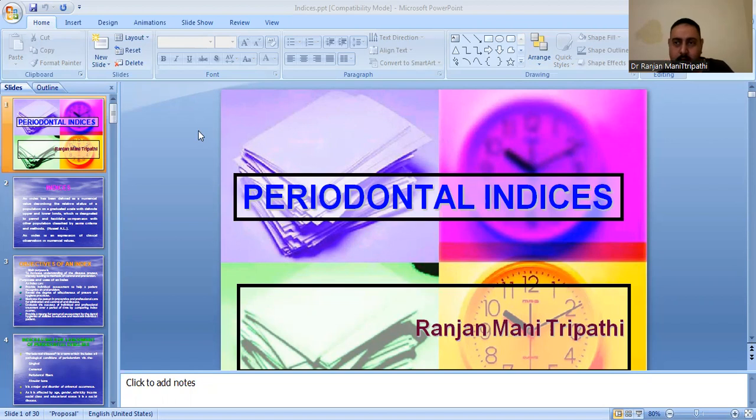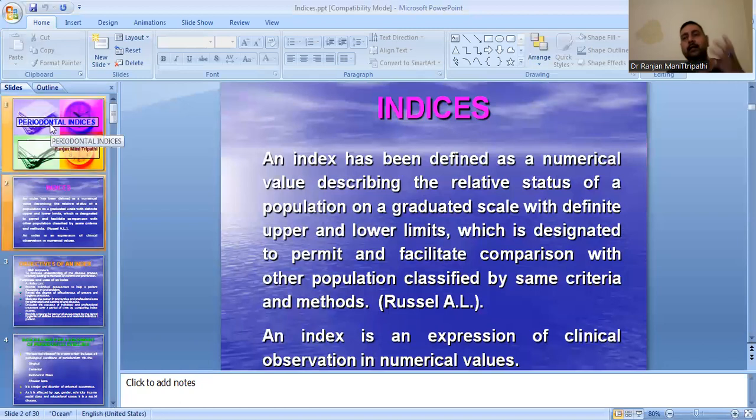So the first thing we must know is what the index definition is. An index has been defined as a numerical value describing the relative status of a population on a graduated scale with definite upper and lower limits, which is designed to permit and facilitate comparison with other populations classified by the same criteria and methods.